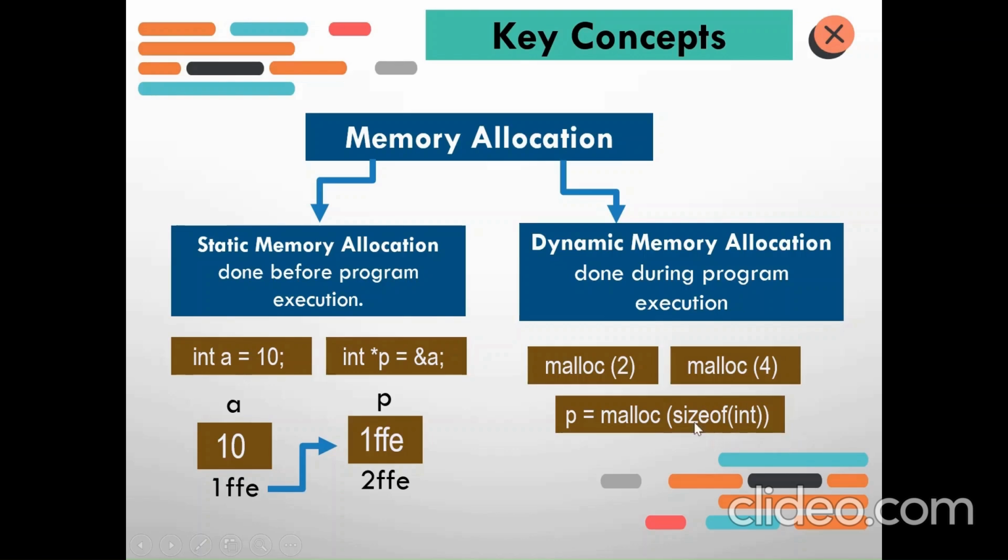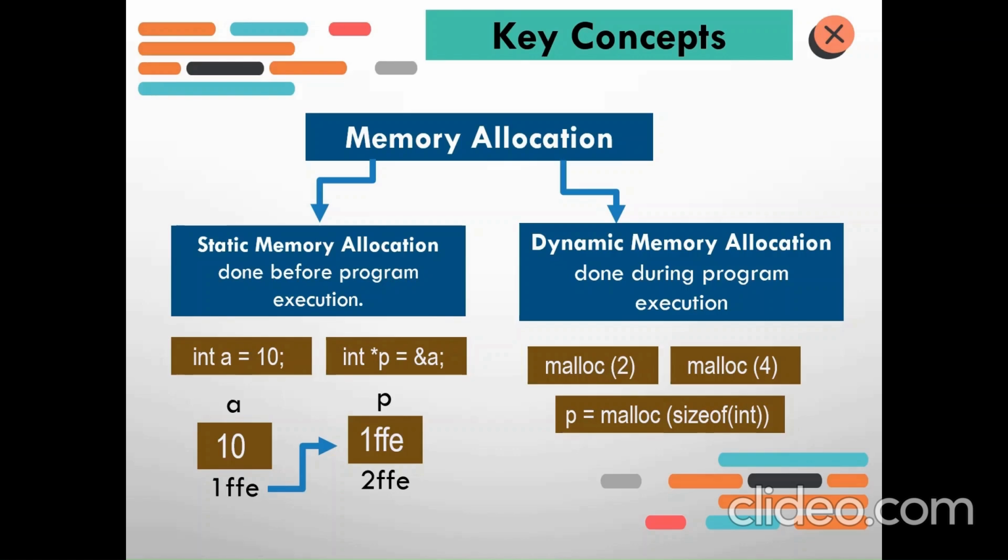For the time being, let us concentrate on the integer part or the float part, right? If you write malloc(sizeof(int)), it means a memory allocation of 2 bytes would be done. If I write malloc(sizeof(float)), it means a memory allocation of 4 bytes should be done, and the same for a character. Now what is this p? As I discussed, you would be declaring memory, but you would not be assigning a label to it.